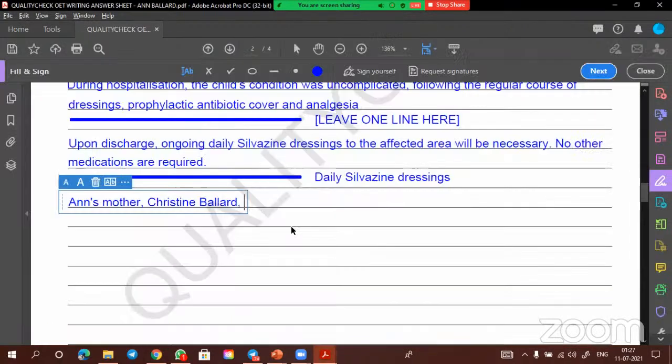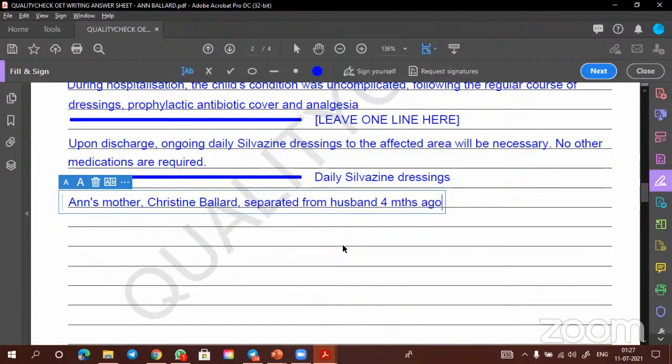Now how are we going to write this one here? Recently separated. Okay. Miss Anne's mother, Christine Ballard. So try to use the same style.